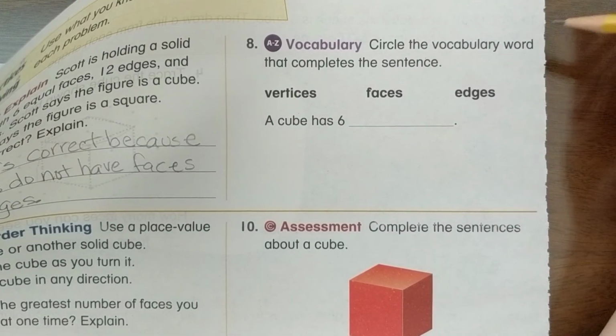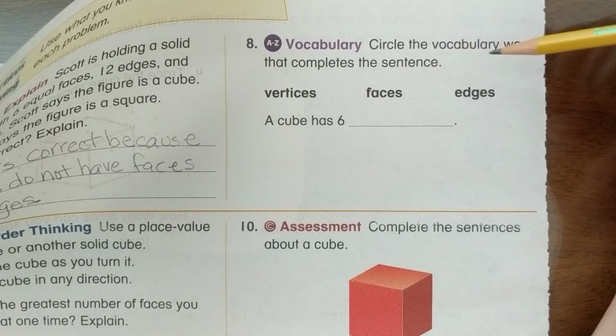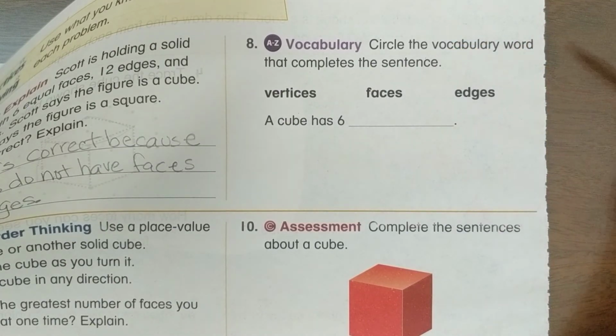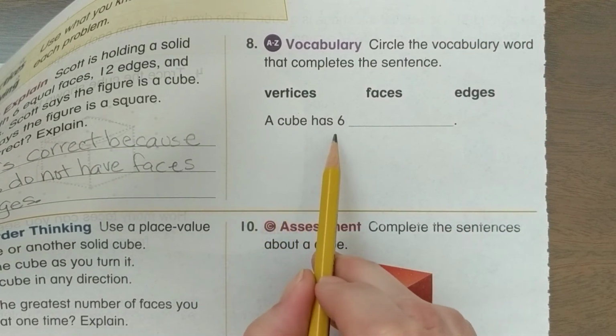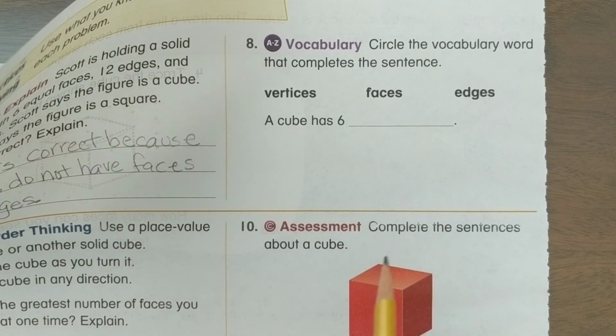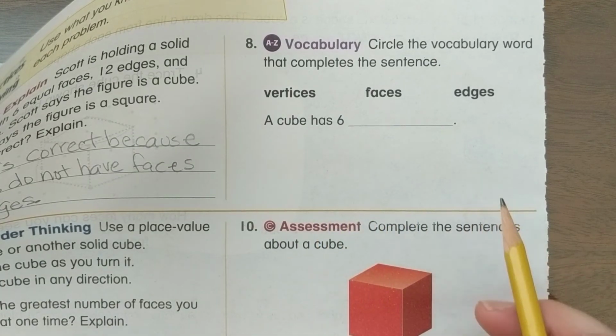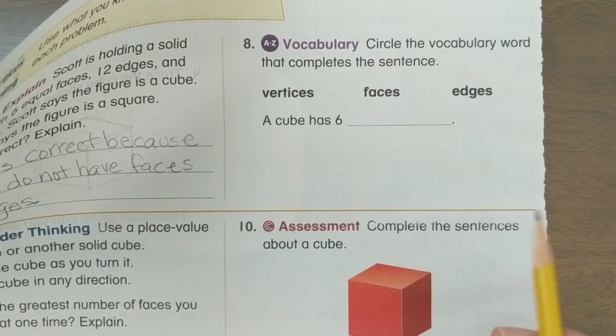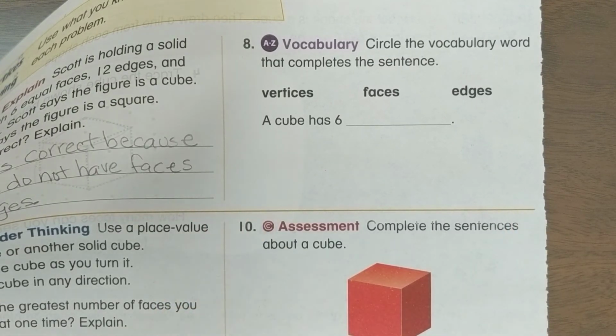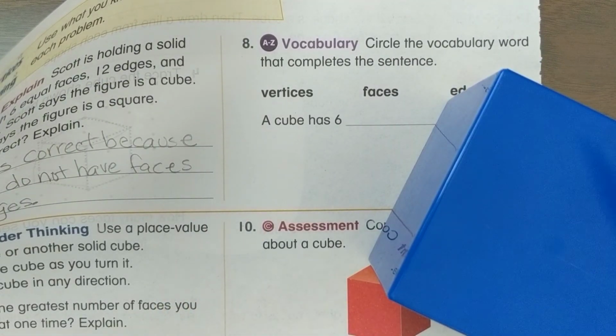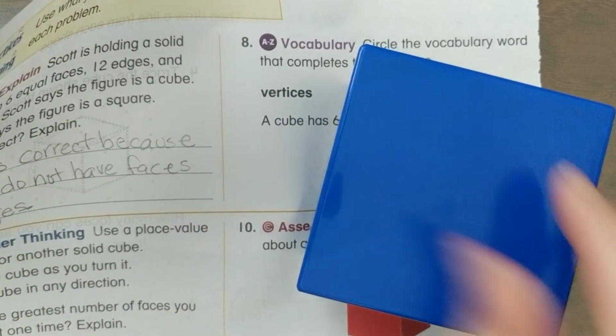Okay. Circle the vocabulary word that completes the sentence. A cube has 6 blank. What belongs in the blank? Does it have 6 vertices? Those are the dots. We knew it was 4 corners on top, 4 on the bottom.